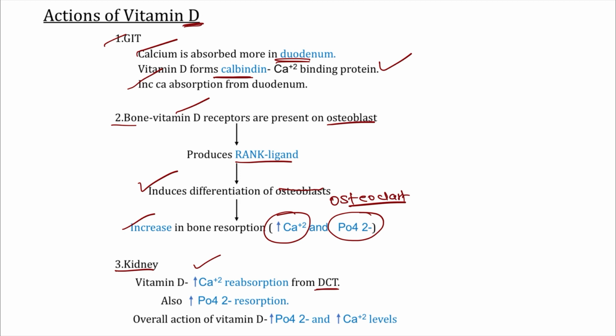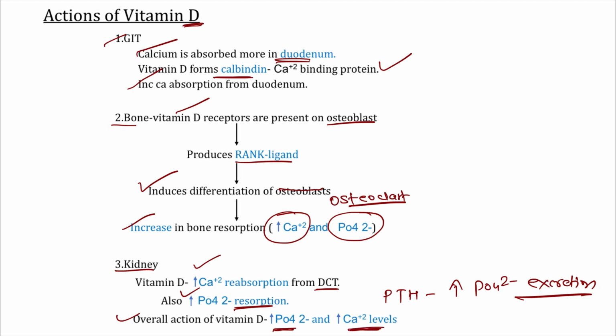Now, sir, very important, our vitamin D increases the phosphate resorption, whereas our parathormone, the parathyroid hormone, increases the phosphate excretion. This is the difference. So now see here, the overall action of vitamin D is increase in phosphate and increase in calcium levels.